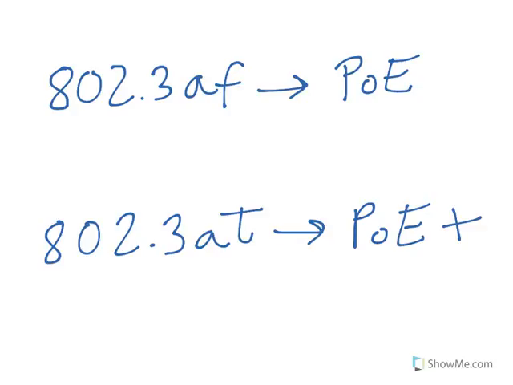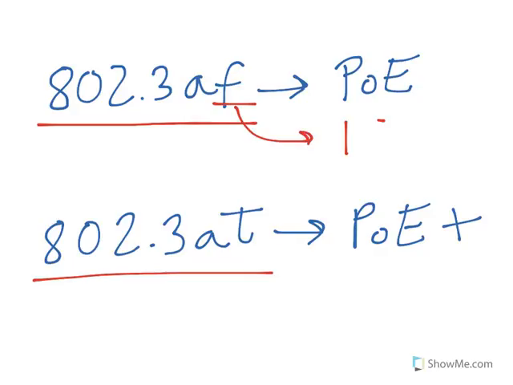Now, PoE and PoE Plus are actually technology names. However, the standard is defined in the specification 802.3af and 802.3at respectively. An easy way to remember is that for af, F stands for 15. So if we round it up, that tells us that af is actually PoE, 15 watts.